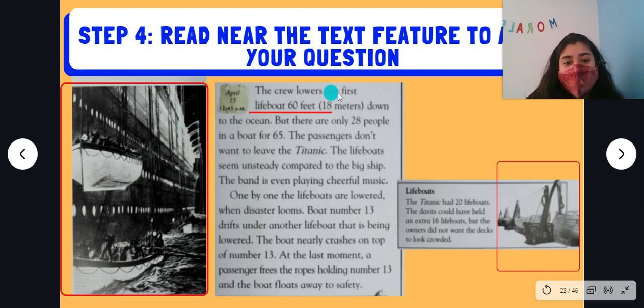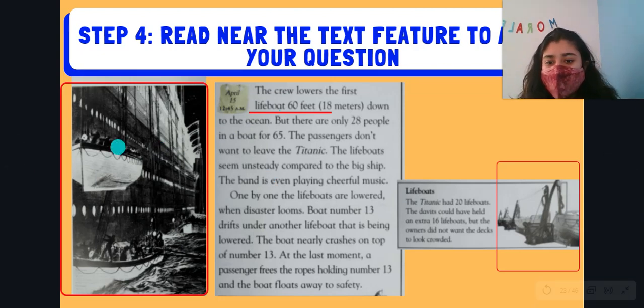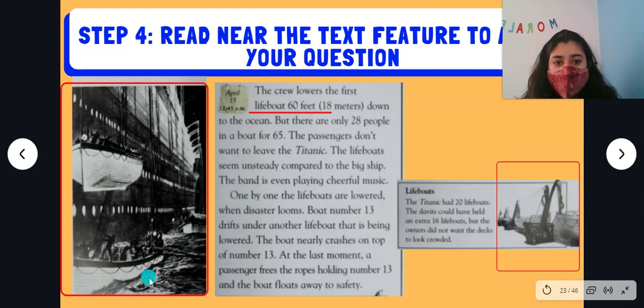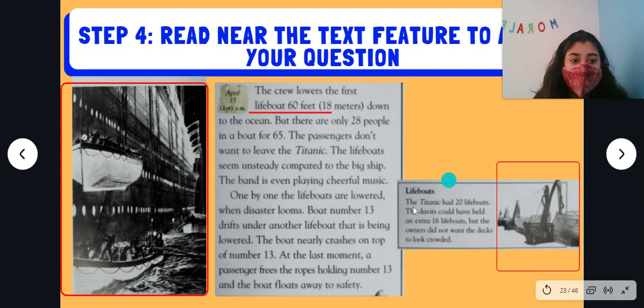The crew lowers the first lifeboat 60 feet down to the ocean. This sounds like the picture is all about the lifeboat and how they are going down into the ocean, and it makes sense. If you take a look at the illustration here, or the photograph, the lifeboats are going down into the ocean. Now let's read near the other photograph.